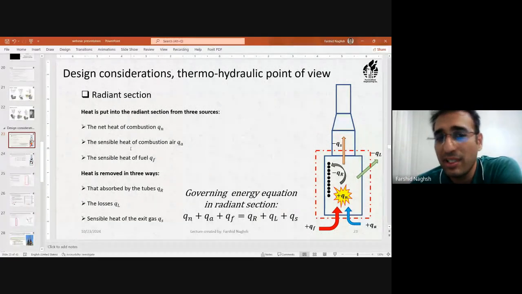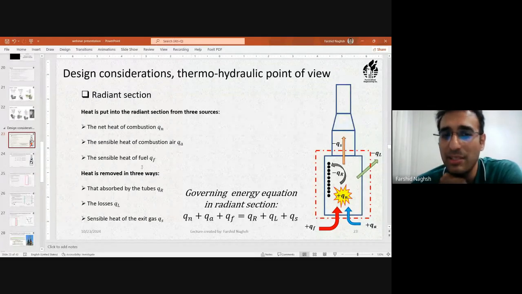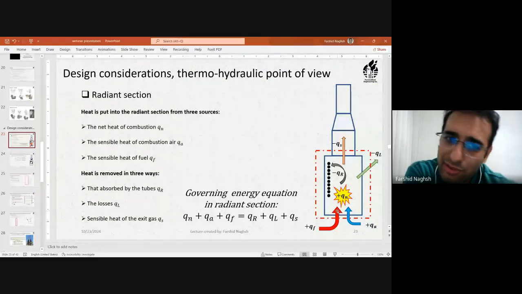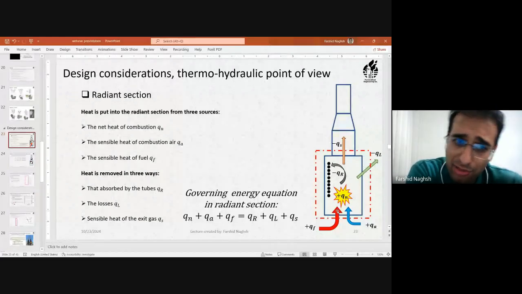The second is the sensible heat of combustion air, which is injected inside the heater, and the third is the sensible heat of fuel. Usually, these sensible heats show themselves in the form of preheating of air or preheating of fuel, or both at the same time.